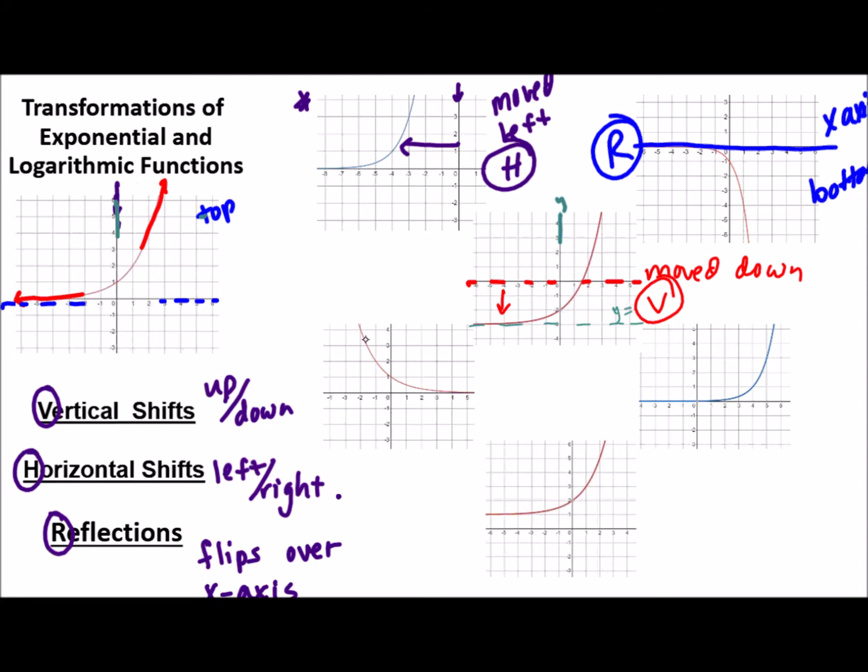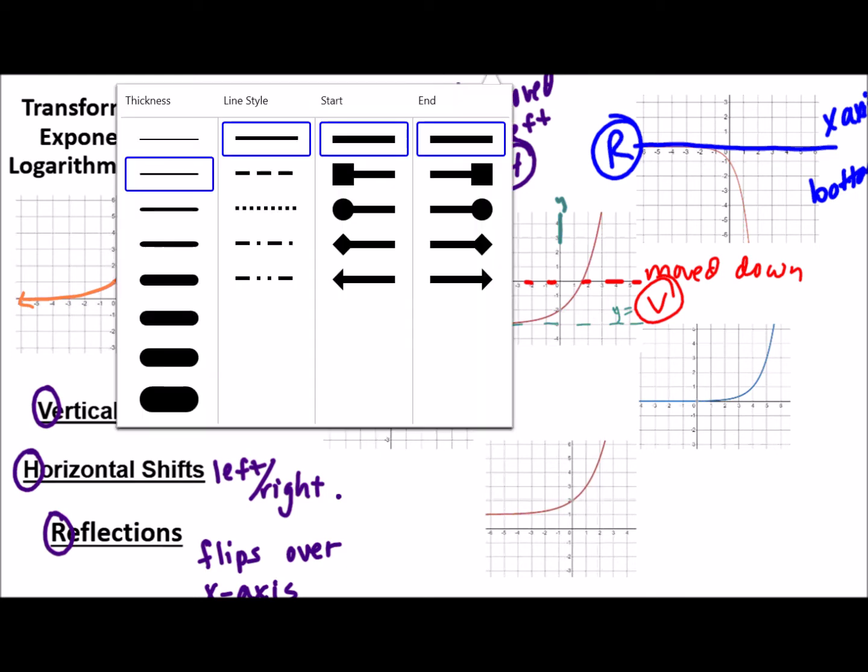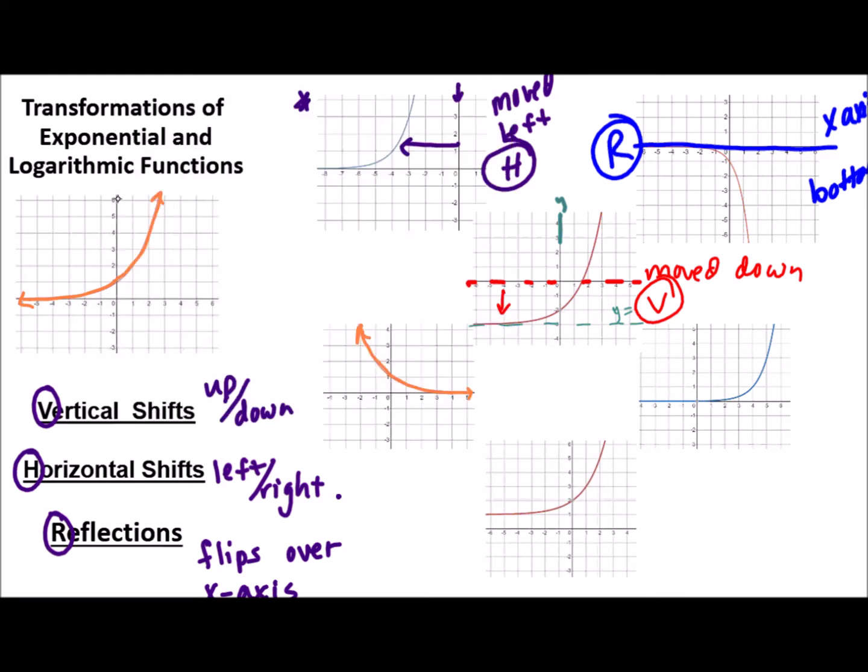Okay, looking at this next one right here. I look at the original over here on the left. This one right here is exponential, and we decided it was growth. But when I look at this one, it looks like it's decay. So I changed something that made it go in the reverse direction. Kind of like I flipped it, but this time I'm flipping it over this axis.